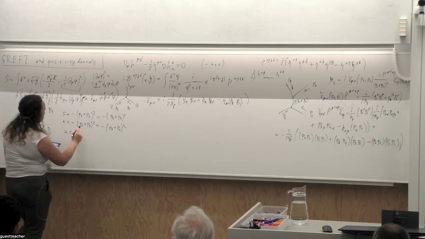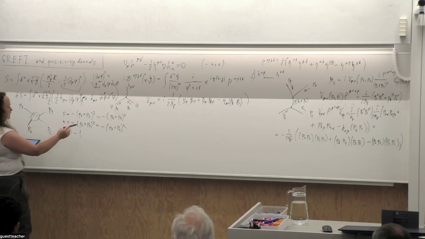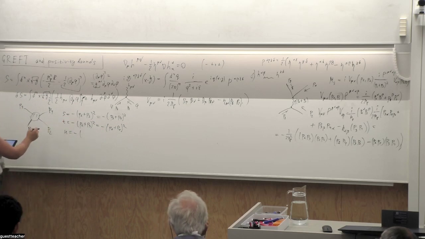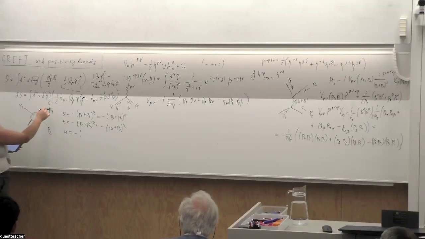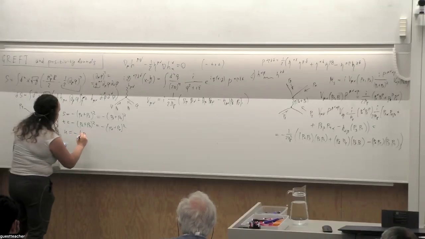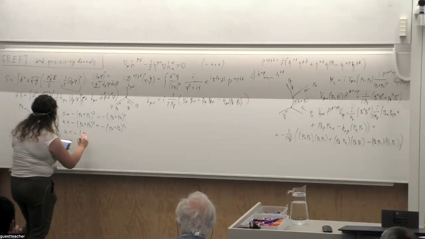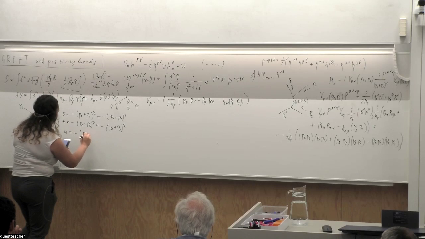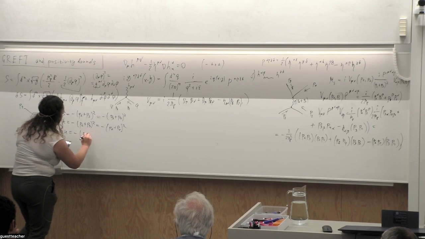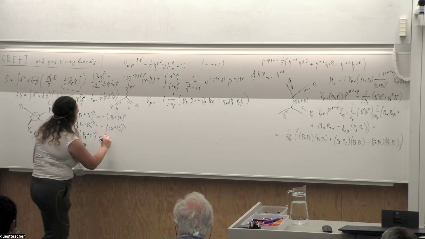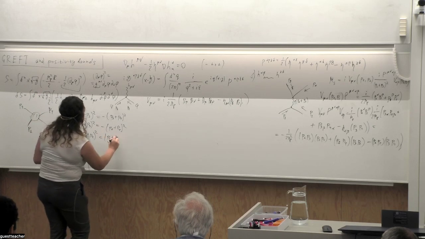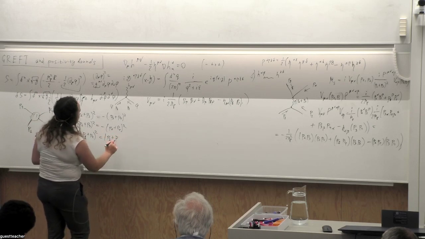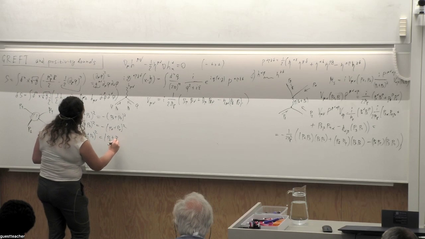U is when you exchange particle momentum 2 and momentum 4, and it will correspond to (P1 plus P4) squared, or (P2 plus P3) squared.